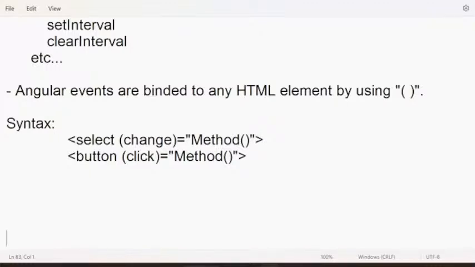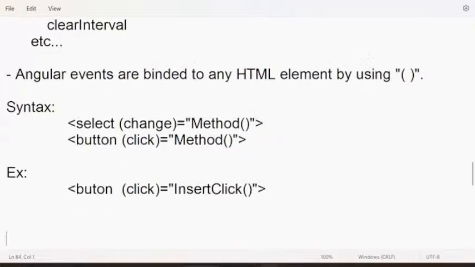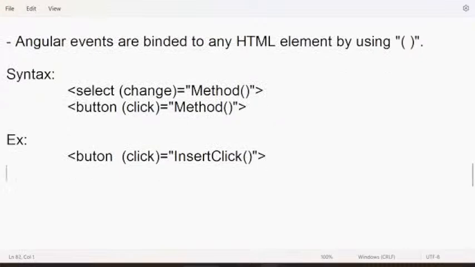In this event binding, this is very important. Suppose I am writing a button click is equal to some insert click. We are writing like this. You should know in this, there are two parts. Actually, what is click?